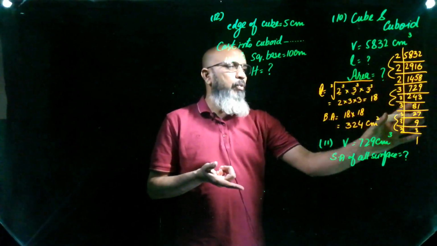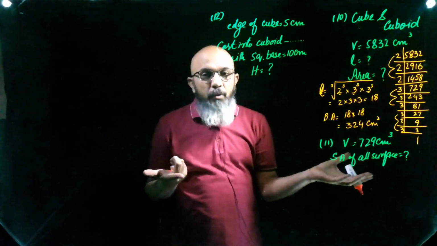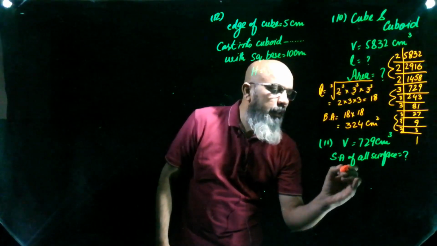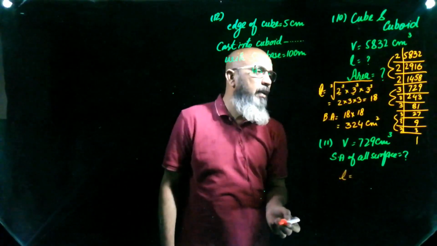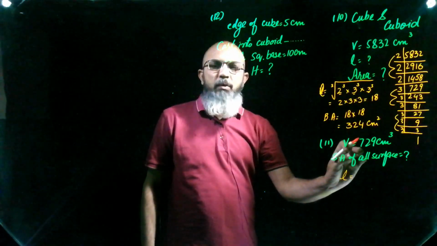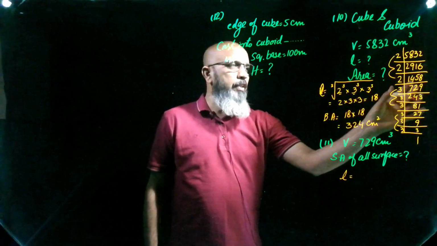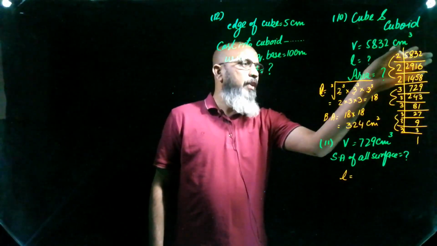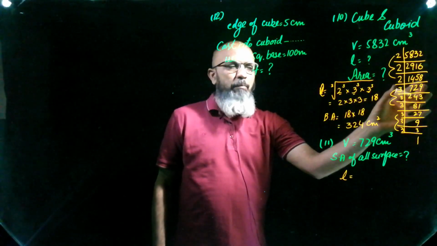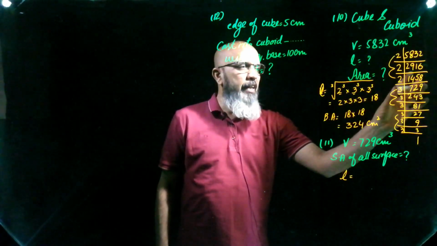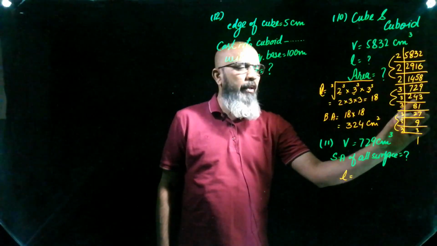So similarly, we will take the cube root. Okay. So length of an edge, simply you can write L. Now we are going to find the cube root of 729. If you look at these calculations, it starts from here, 729. The factors of 729 are 3 into 3 into 3 into 3 into 3 into 3.